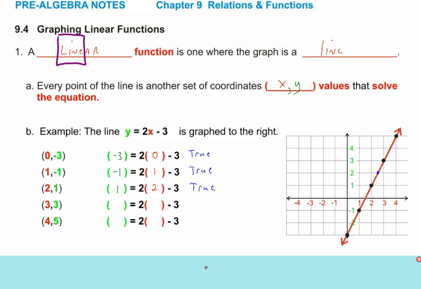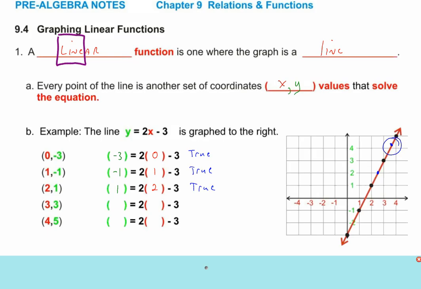Now look, what if I went to this point? So I'm right up here. I have no clue what the coordinates of that point are. I don't know. It looks like maybe 3.4 and 4.2, but I'm guessing. But you know what? In reality, there are coordinates for that point that exactly, if you put in the x for the x and the y for the y, it would end up equal.